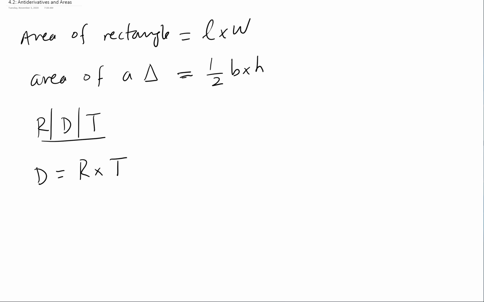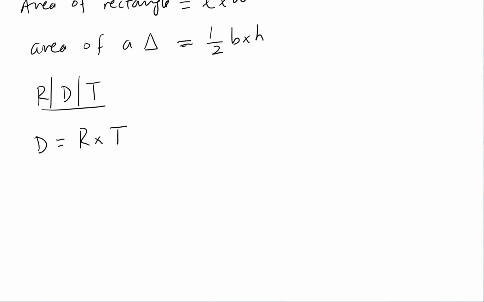So if we want to look at it graphically, let's say the time is 1 hour and the rate is 10 miles per hour. If you go for 1 hour, you will cover 10 miles, right? That's the distance, 10 miles.